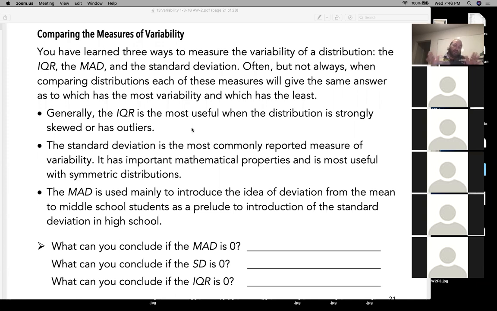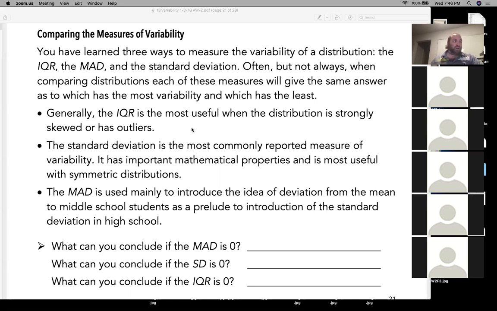So often, but not always, when comparing distributions, each of them will give the same answer as to which has the most variability and which has the least. In general, the IQR is the most useful when the distribution is strongly skewed or has outliers.